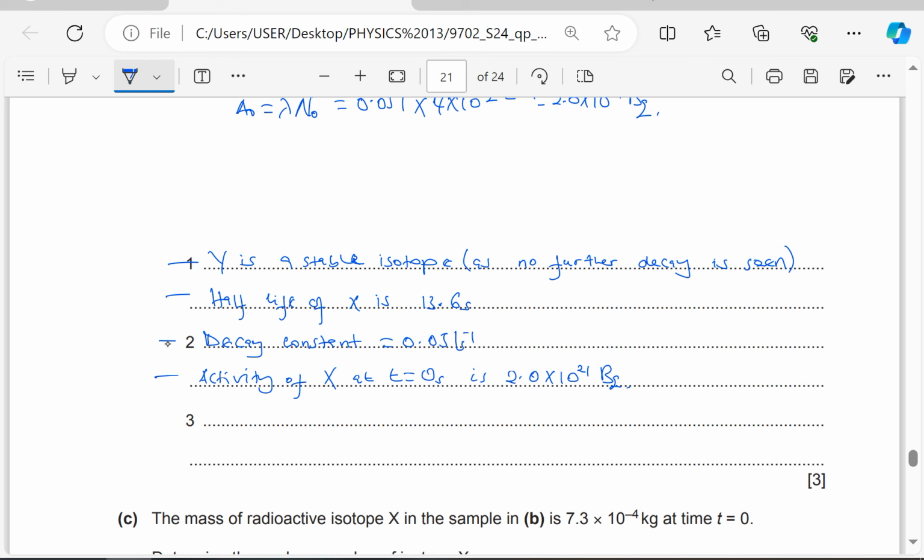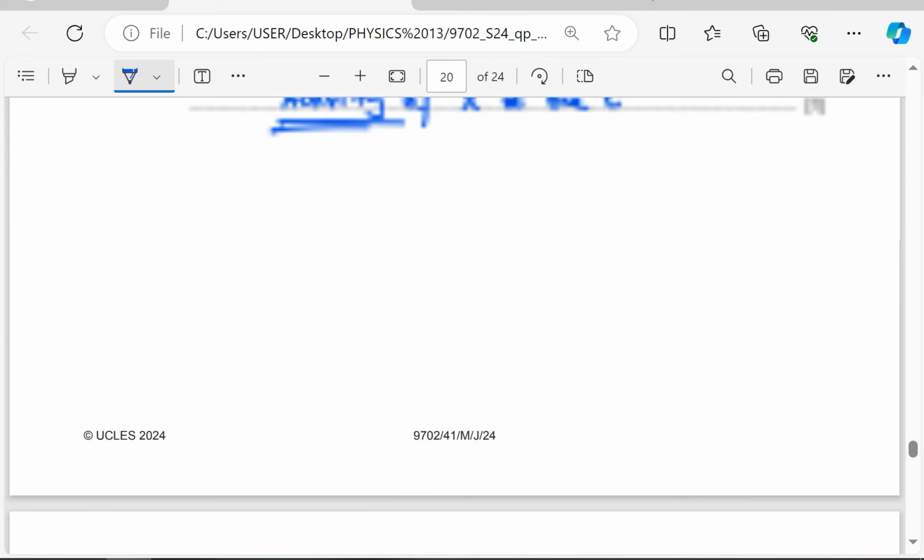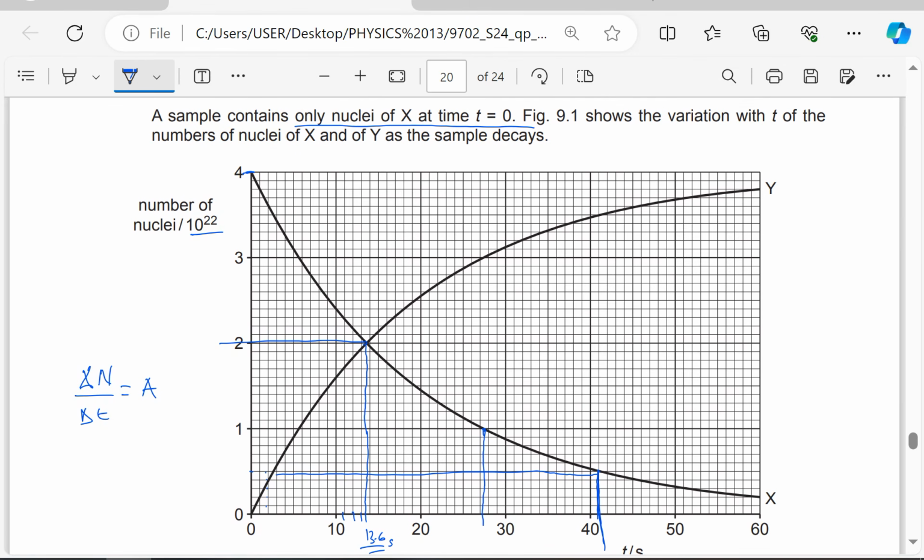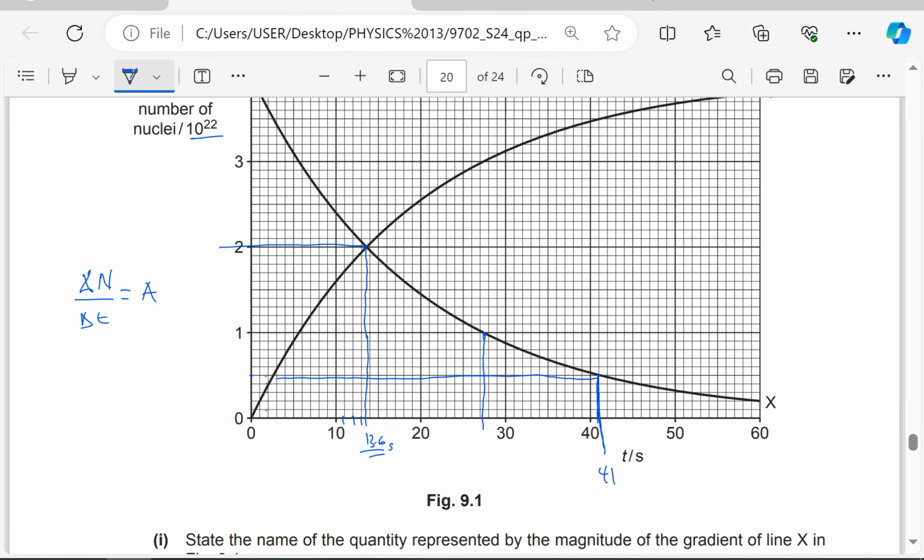What else can I find from here? I think the total number of nuclei from the graph is constant, because we see the number of nuclei of X decreases, and the number of nuclei for Y raises up to 3.8, and this falls from 4 to 0.2.